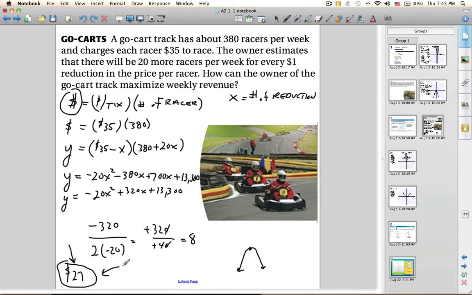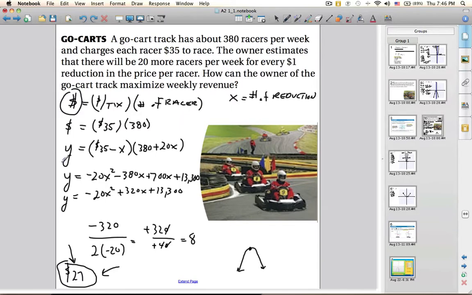One important thing to remember, the last thing you always want to check when you solve a word problem. What we did is we took this information and created what was called basically a verbal model. So I did a description of what comes into play. The total amount of money I have is the price per ticket times the number of people who race.